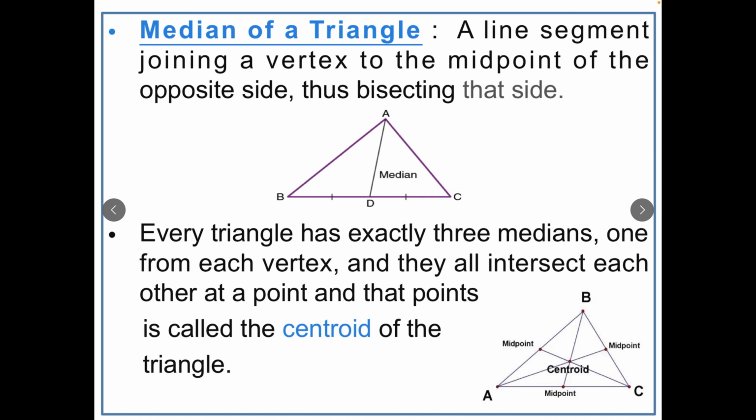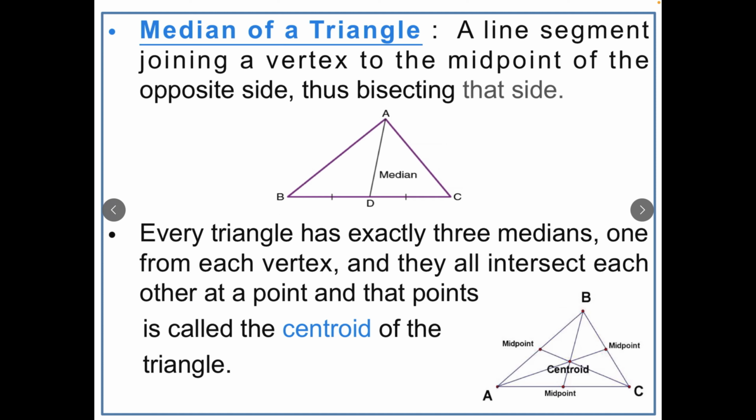So this opposite side is BC and the midpoint of BC is D. If we join A to D, we will get a line segment which is called the median of the triangle. Simply, a median of a triangle is a line segment joining a vertex to the midpoint of its opposite side, thus bisecting that side.